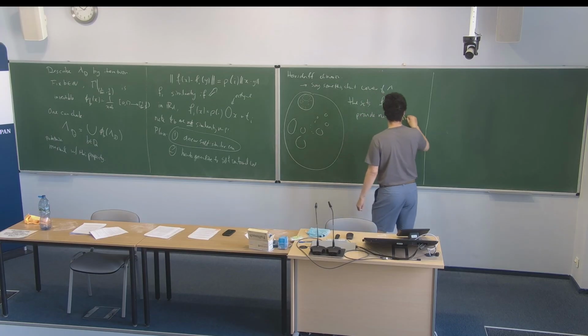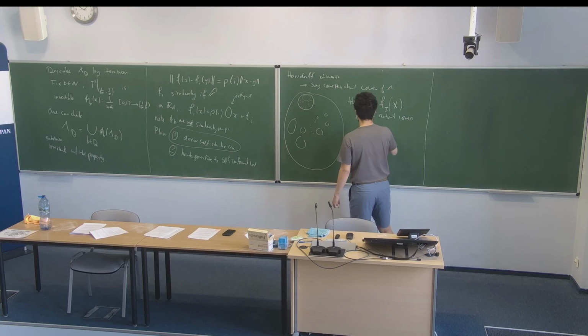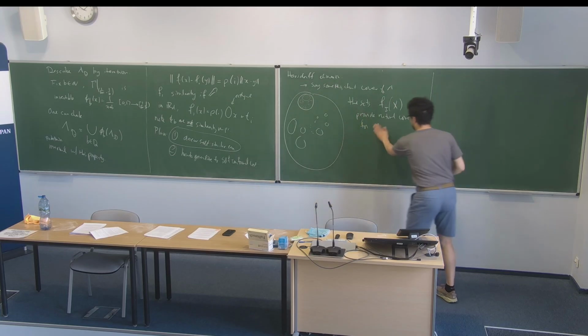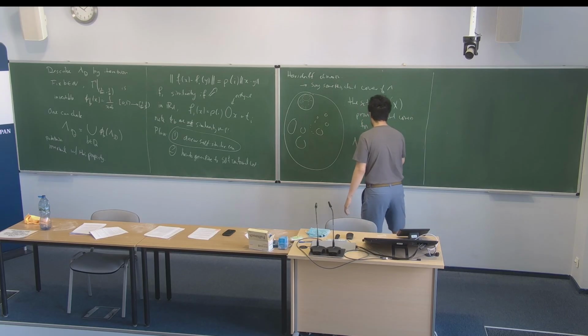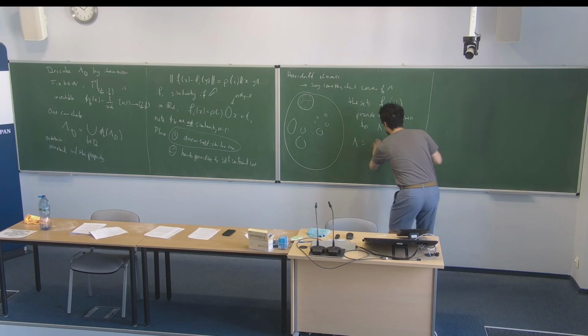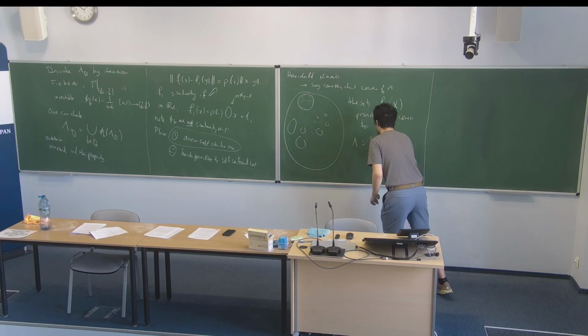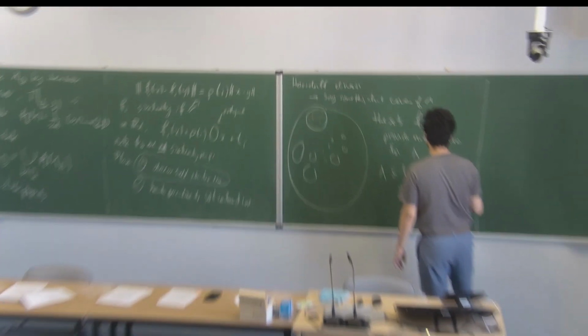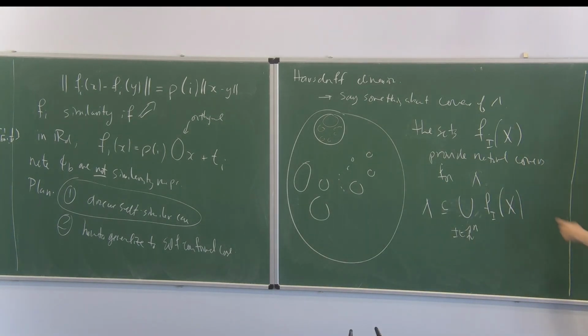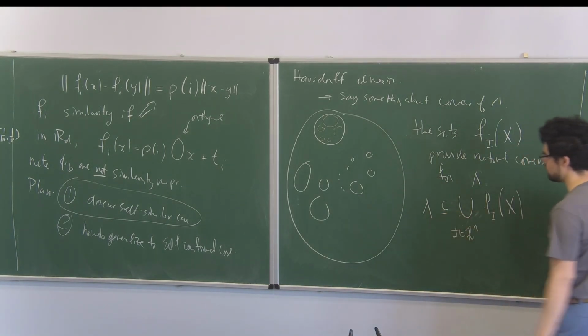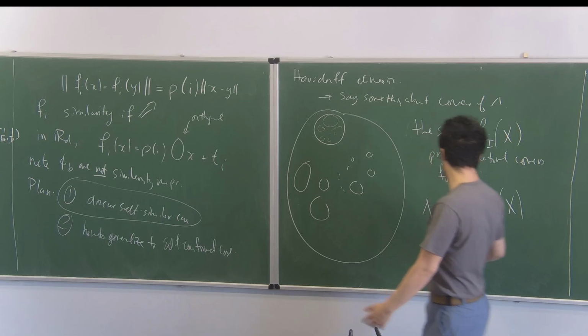Natural covers for lambda. So what I mean literally is that lambda is contained in the union over all words of length n of f_I of X. So we have a natural cover for the set lambda, which we obtain by looking at iterations at level n.